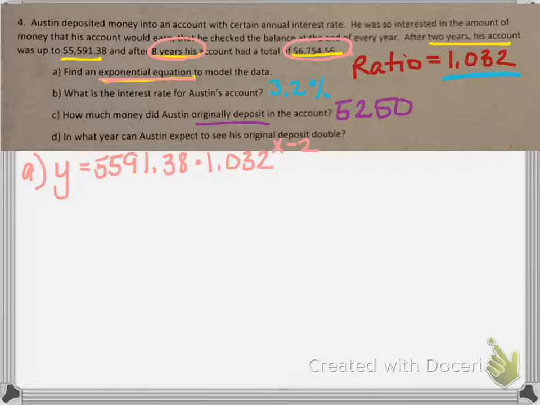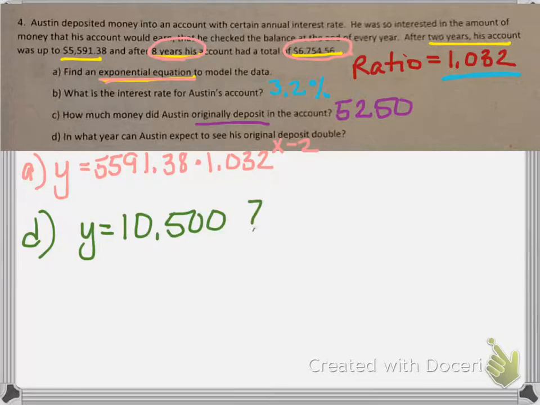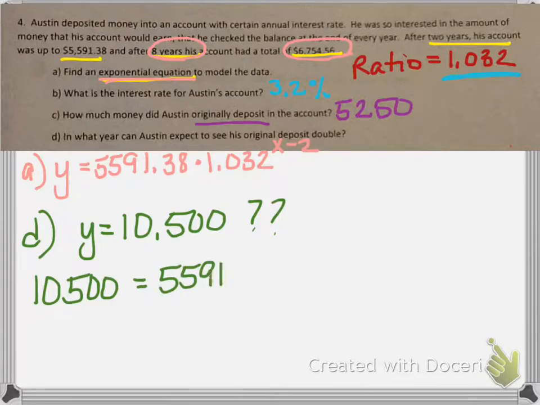So when can his original deposit double? So we're looking for D, when will his money be, so when Y equals $10,500, when will that happen? So again, the equation, we can write 10,500 equals 5,591.38 times 1.032 to the x minus 2 power.